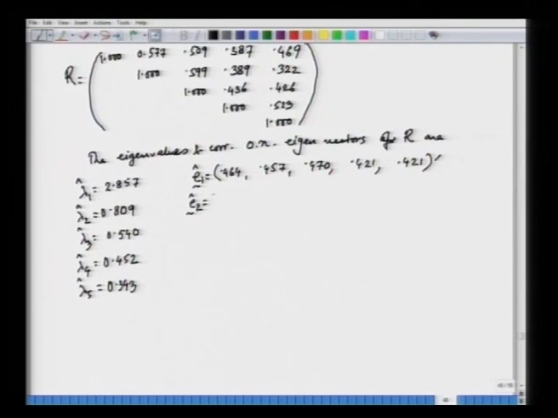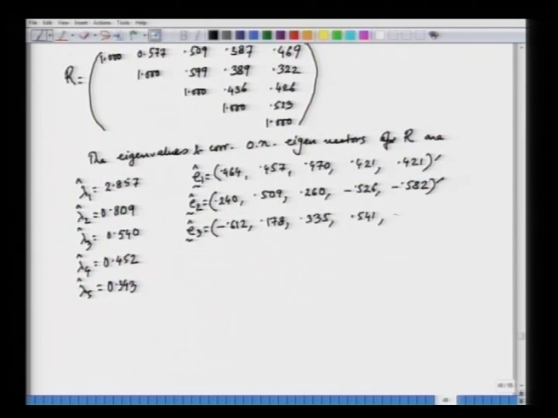The second eigenvector is given by 0.240, 0.509, 0.260, minus 0.526, minus 0.582. E3 hat is minus 0.612, 0.178, 0.335, 0.541, minus 0.435.